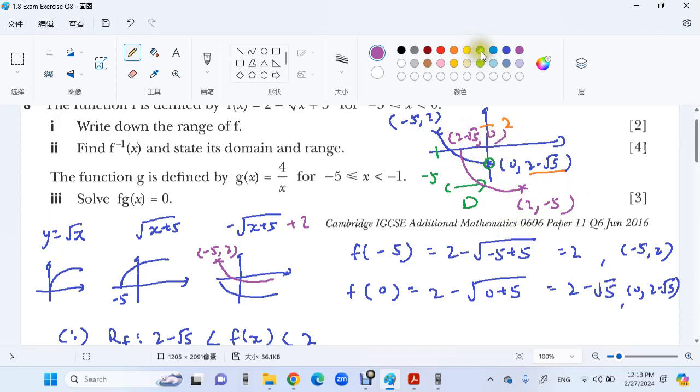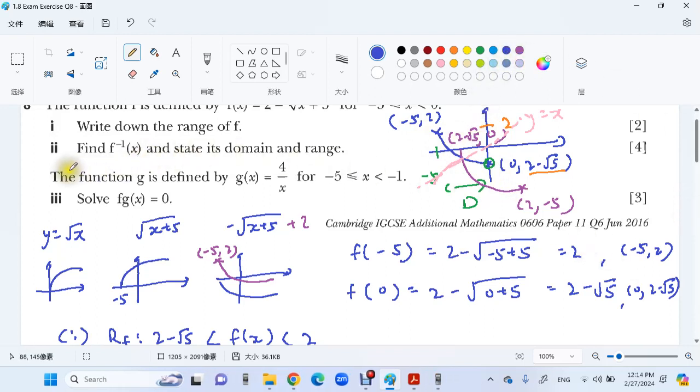So they are reflected in the line y equal to x here. Okay, so the domain for the f inverse is the range of f, and the range of the f inverse will be the domain for f.